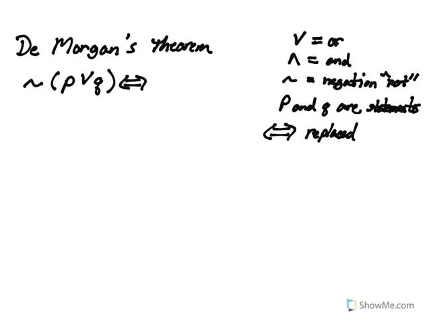Replaced with a different statement. So the negation of P or Q can be replaced with the equivalency of this, the negation of P or the negation of the Q statement. It's identical. It's just rewritten in a different way, but they both mean the same thing, okay?